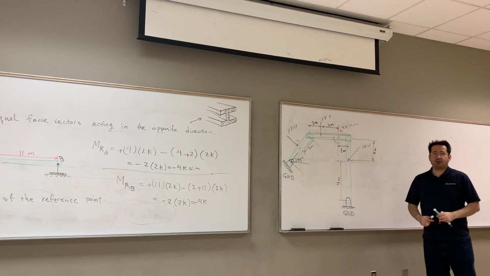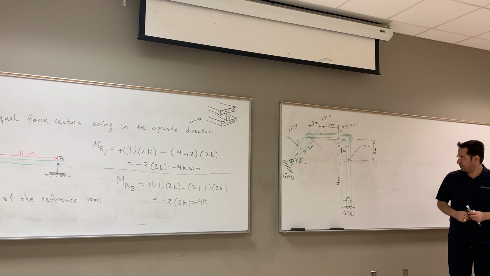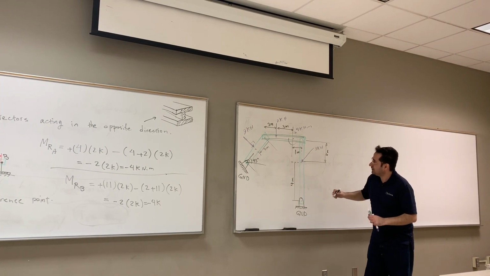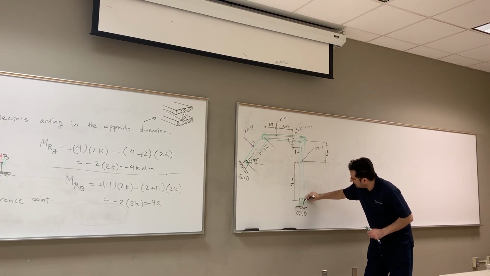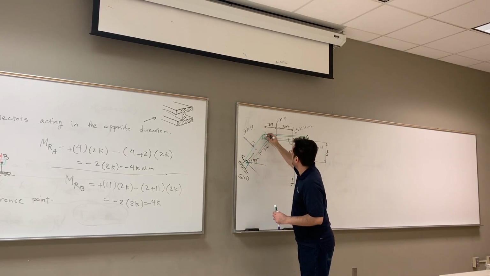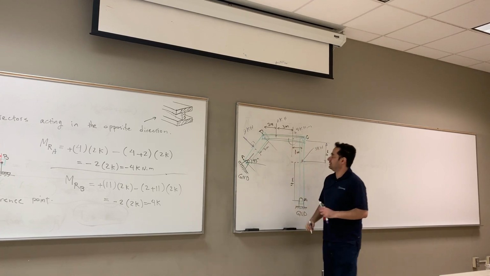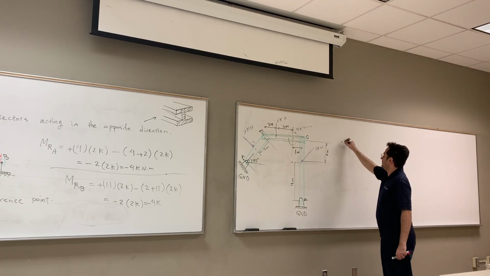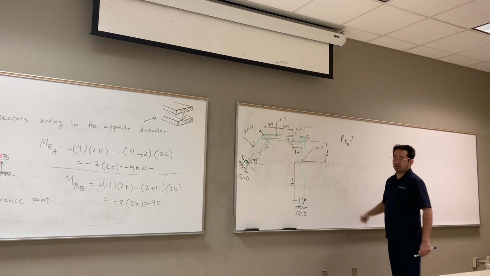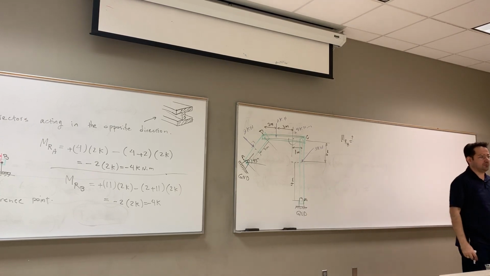Right now we're not talking about that. Right now the question is to find the resultant moment with respect to a point. Let's say this is point B, and this is point C, this is point A. Find the resultant moment with respect to point B, just the value of the resultant moment.